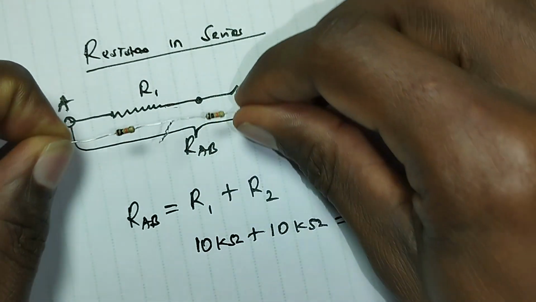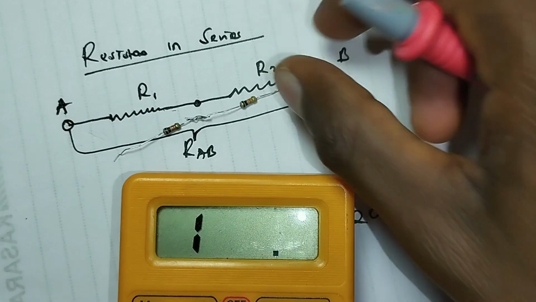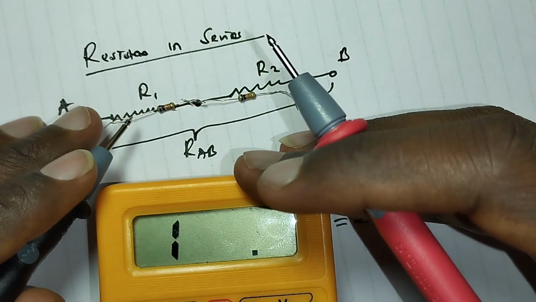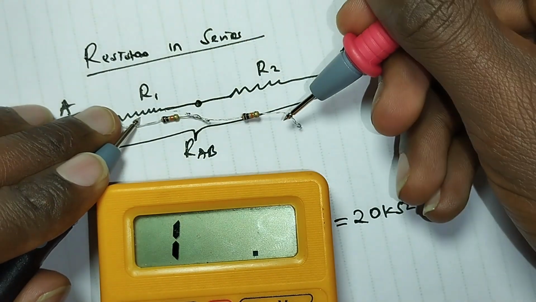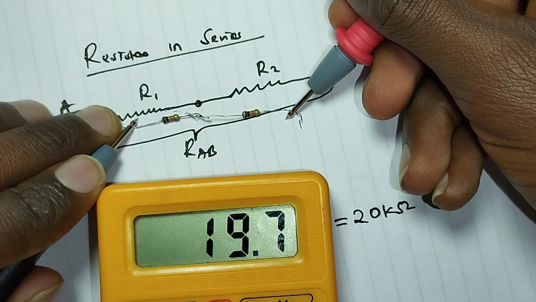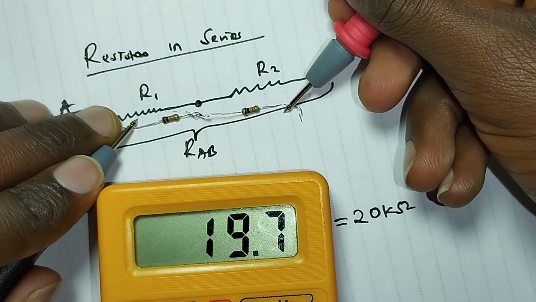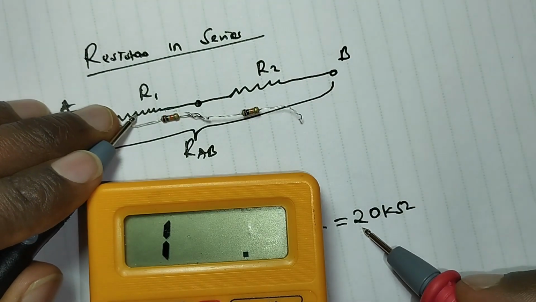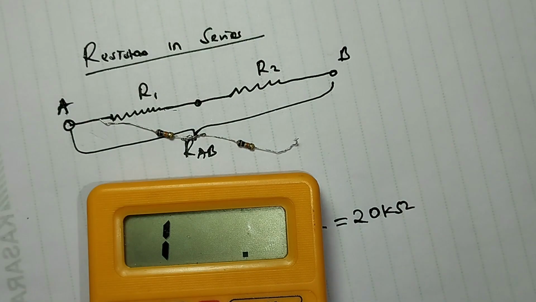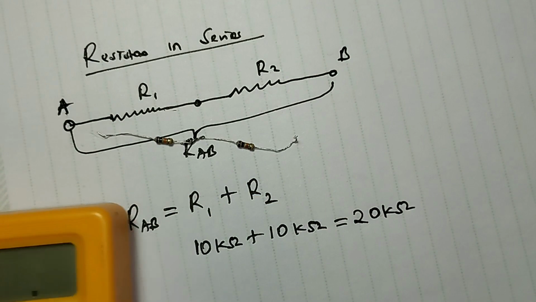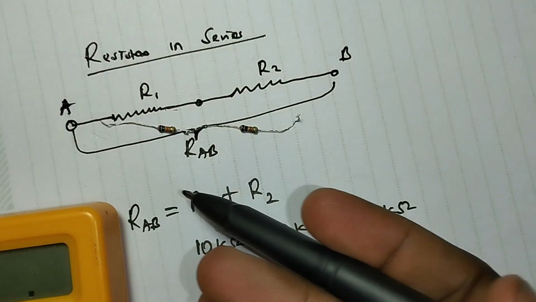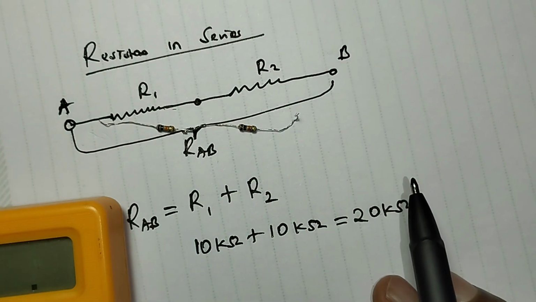Let's go ahead and do the practical bit. Let's measure the value, point A, point B. We get 19.7. Remember the tolerances. Our value is close enough to 20 kilo ohms. That's how easy it is, because you are just adding the two values. If you have more resistors, you just do the addition.